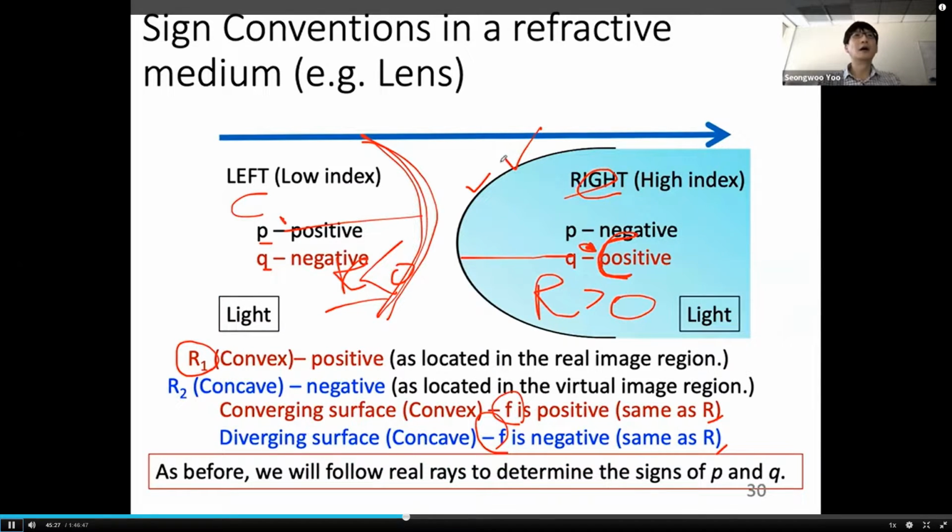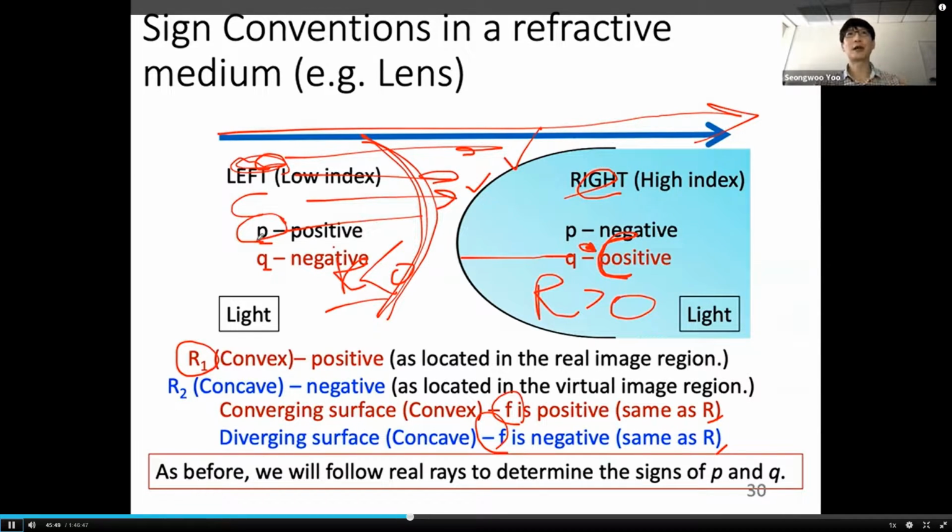Okay, so the light travels from left to right according to the sign convention, all right? Therefore, this means we have this hand torch, and the hand torch shines light onto this surface. In other words, this P represents the real ray. Therefore, this must be a positive value.